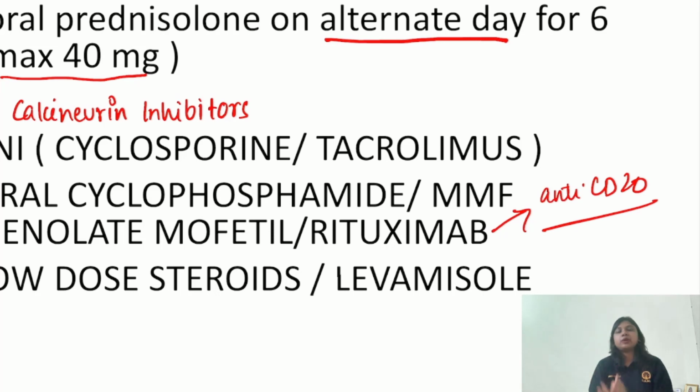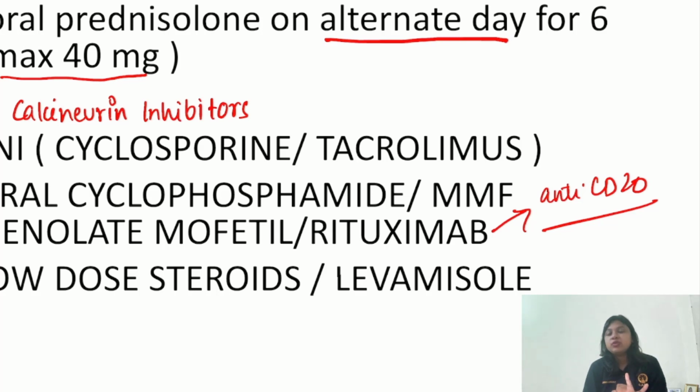Another question you should remember, whenever it's a steroid resistant nephrotic syndrome, we go for a renal biopsy and then we start cyclosporin, tacrolimus. So why do we go for renal biopsy in steroid resistant nephrotic syndrome? Because in majority of the cases of steroid resistant nephrotic syndrome, usually we get FSGS as the histopathology and not MCNS. That is one.